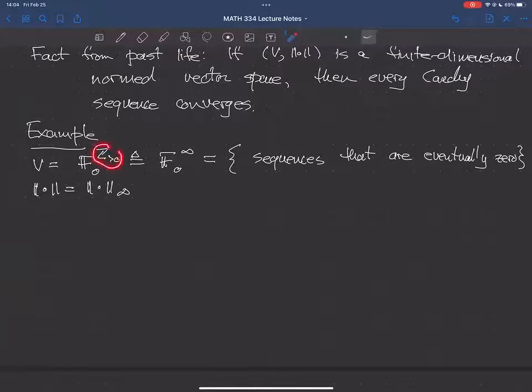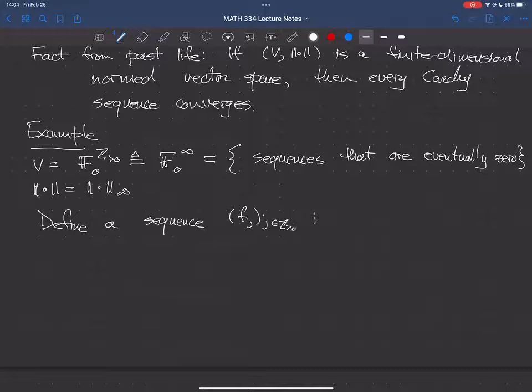So it's a mapping from the positive integers into F. And so we're going to define a sequence, and I'll write it as Fj in F infinity 0 as follows.